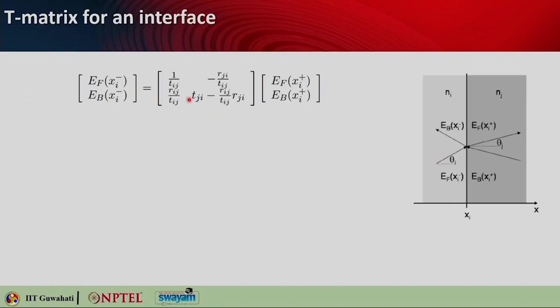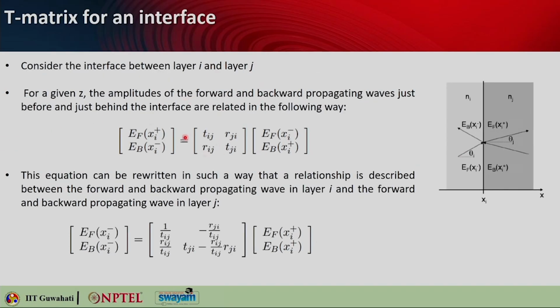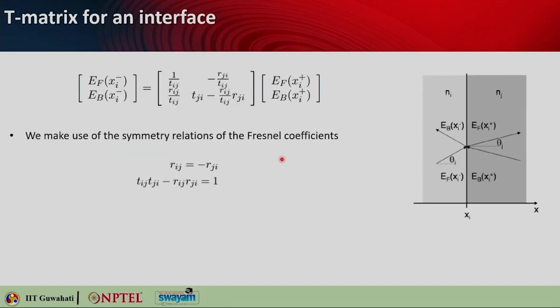So how do you obtain this? This is very simple. You start with this and do the algebra to rearrange the terms, nothing else. And here you can also use some symmetry relations from the Fresnel equations, something like Rij will be equal to minus Rji, and there is another equality, that Tij times Tji minus Rij times Rji will be equal to 1.